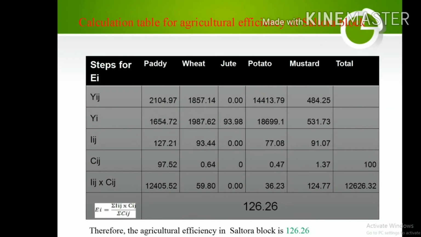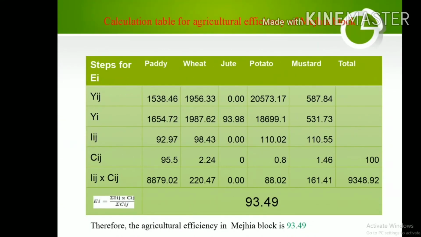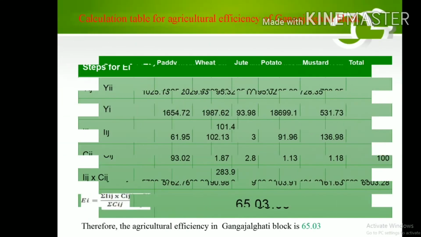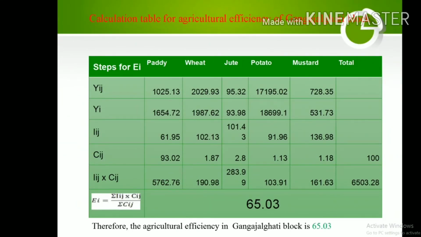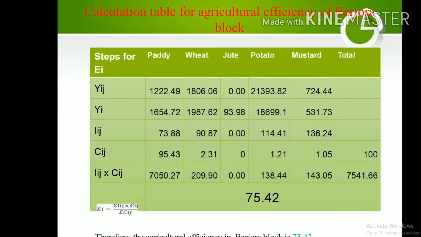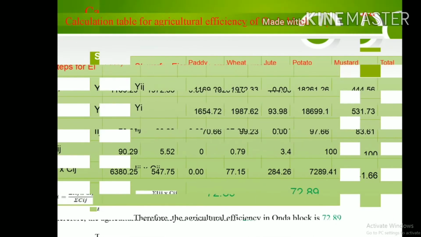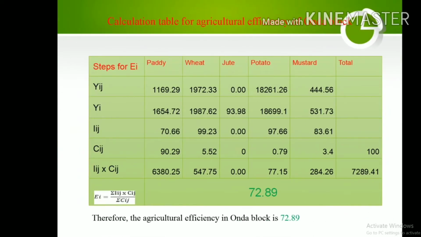In case of Saltora block, it is 126.26. In case of Mejia block, it is 93.49. For Gangajal Ghati, the agricultural efficiency is 65.03. For Barjora block, it is 75.42. For Onda block, it is 72.89.